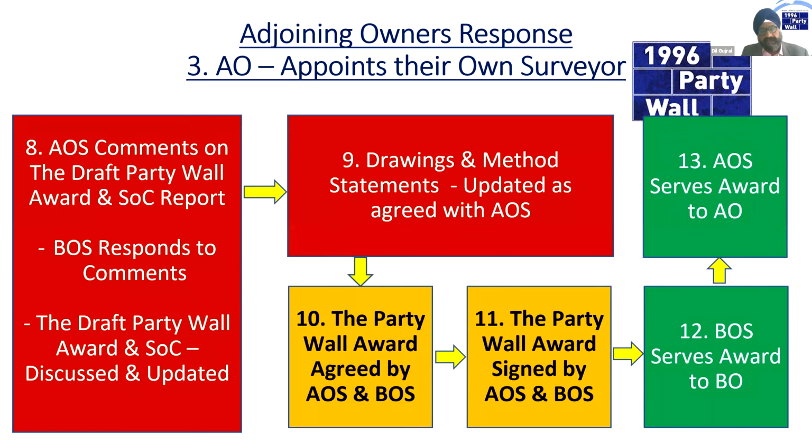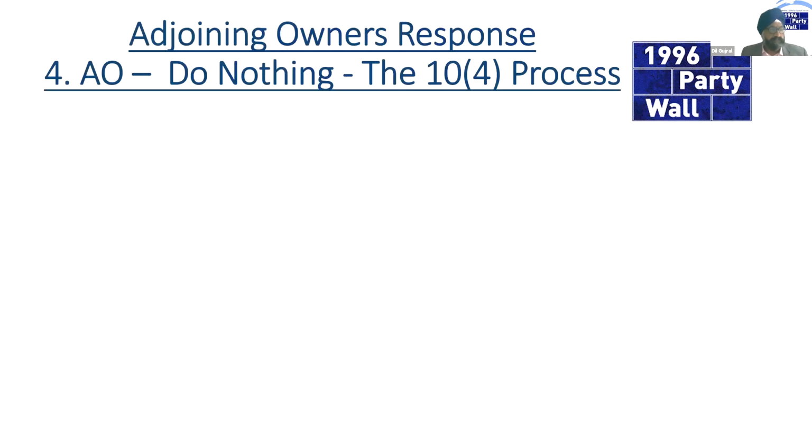The principle behind this is if the two owners don't want to talk to each other, there's no reason for them to talk. However, mostly in residential settings, the idea is to get an agreed surveyor appointed or deal with it under a schedule of condition.